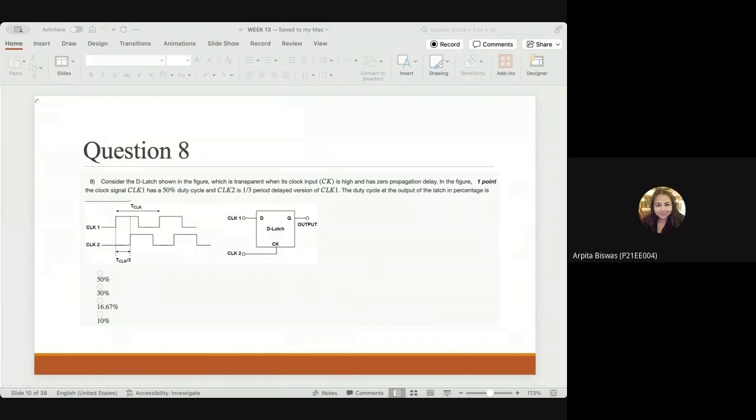Then the output duty cycle is T1 by T clock. Then find out it in percentage. At first find out the T1. So you have to find out the T1.